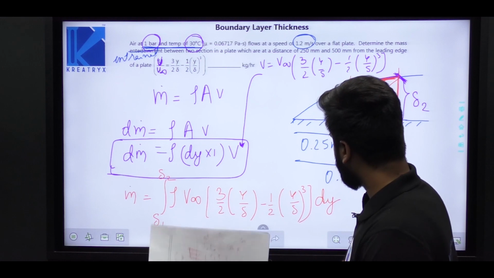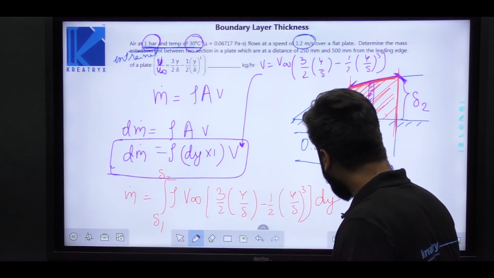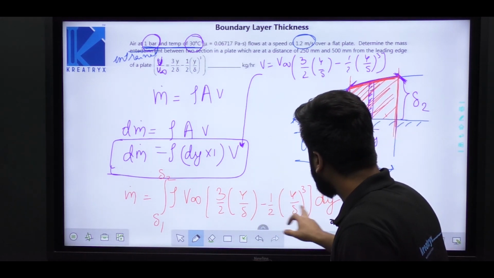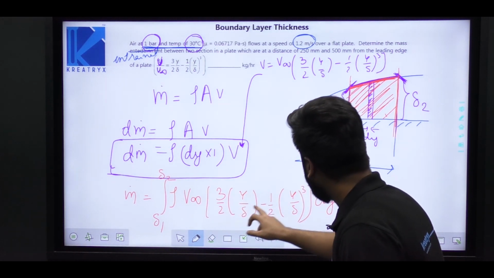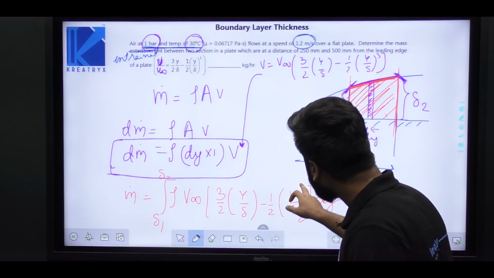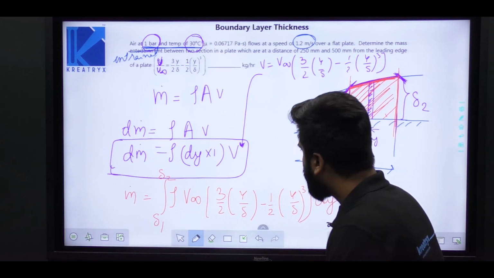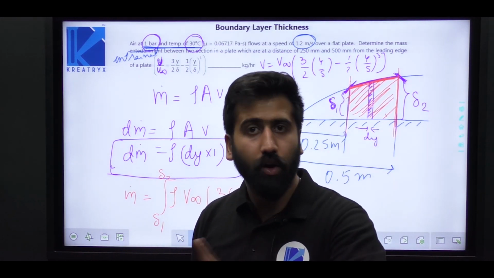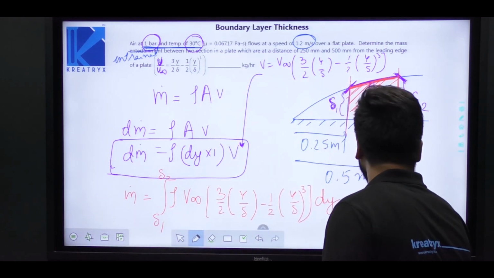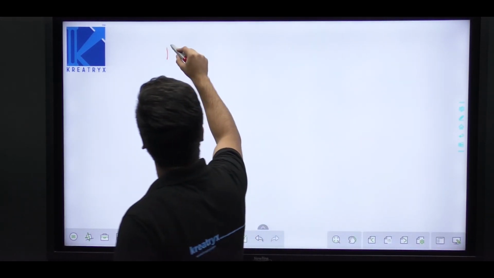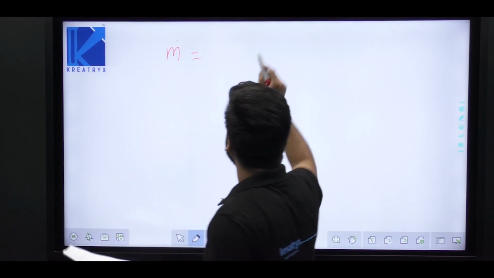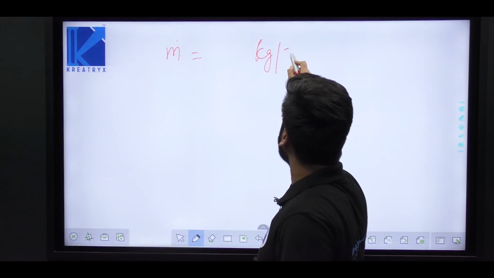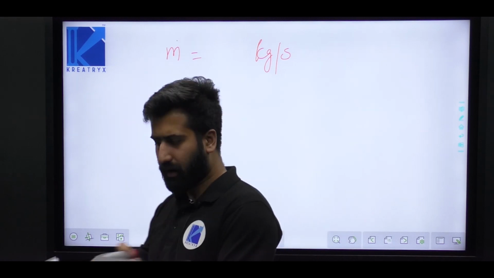It is a simple integration, don't get confused. This is dy, so this will be y square by 2 delta, and the cube term will be y raised to the power 4 by 4 delta cubed. Put the limits from delta 1 to delta 2, in meters, not in mm. You will get m dot in kilogram per second.